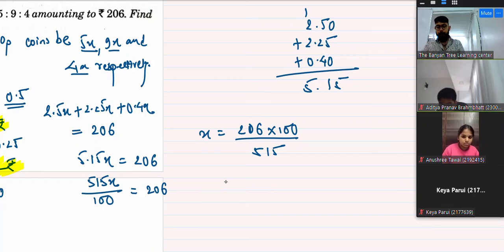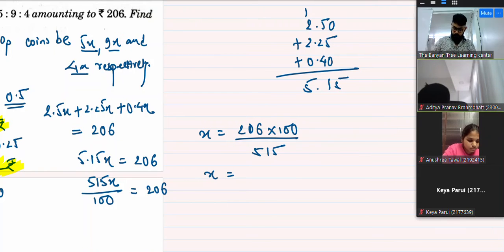Please solve this and tell me how much is x. 40. Sorry? 40. Sure?